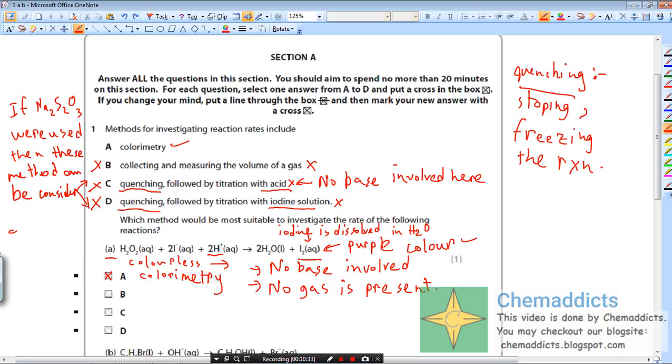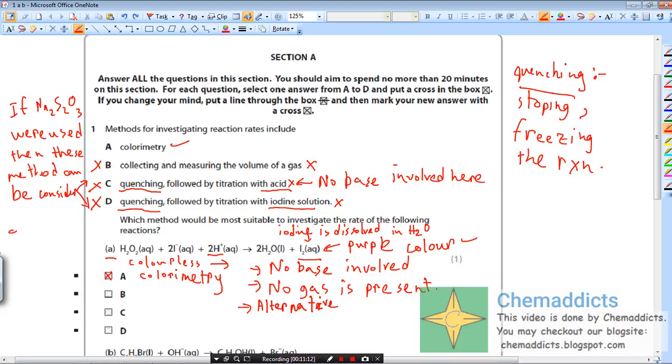Here is another process that we have learned. We may carry out another method for investigating rate, that is quenching followed by titration with acid. Alternative, sorry, why am I making so many mistakes? My life is full of mistakes.